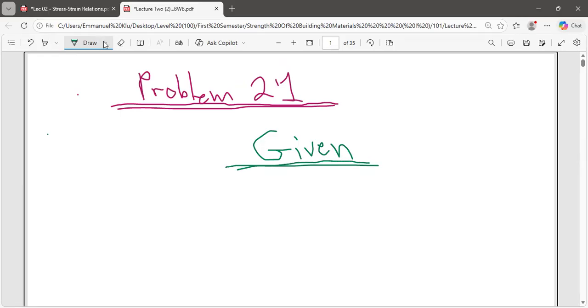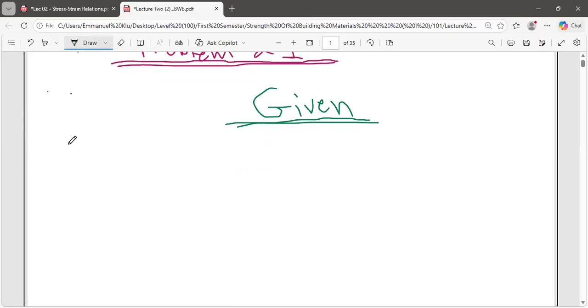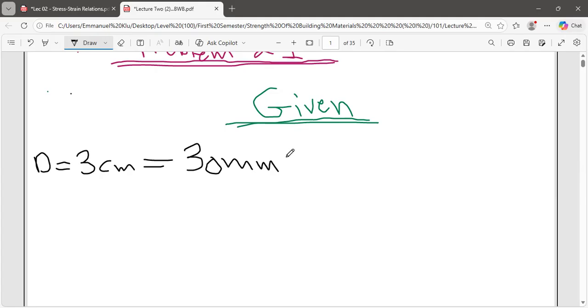Let's always remember to do that. So our diameter D is equal to 3 centimeters, but we said we work in millimeters, so we convert it, which becomes 30 millimeters.